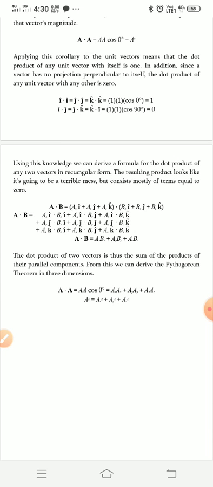Now work done, W is equal to F dot d, that is Fx dx plus Fy dy plus Fz dz. I suppose you could understand.